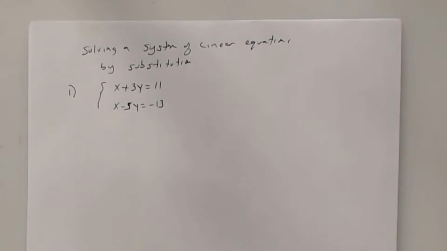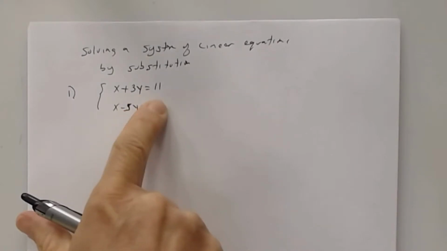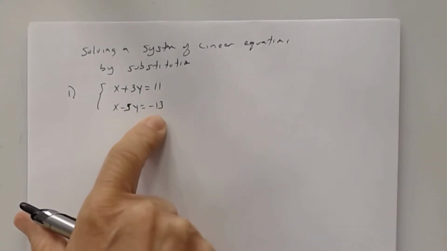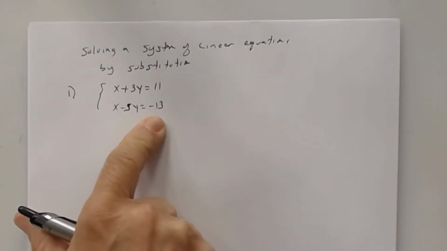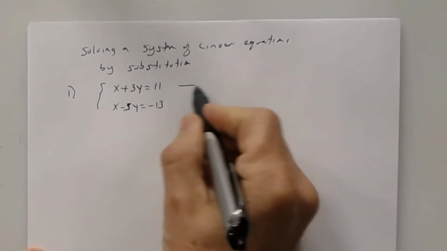I would not have, but if you do, you could be dealing with fractions because you have to divide all these by 3. You could at some point get 11 thirds. Over here you get negative 13 thirds. Go for it. More power to you. All right, now you tell me which one you want to deal with, the first or the second? First one? Okay, so I'm going to deal with the first one.